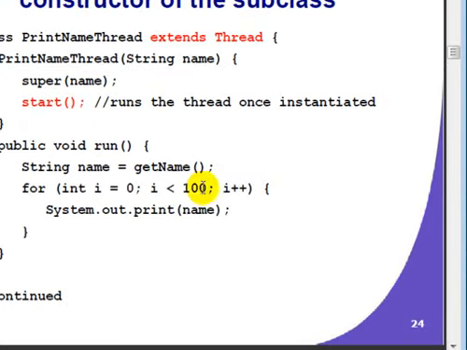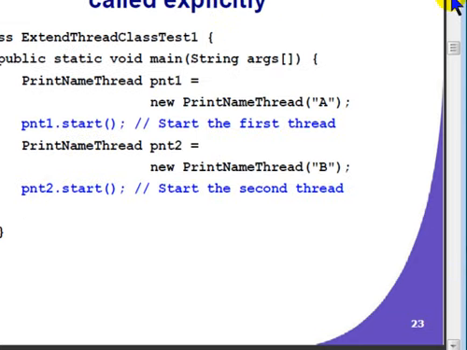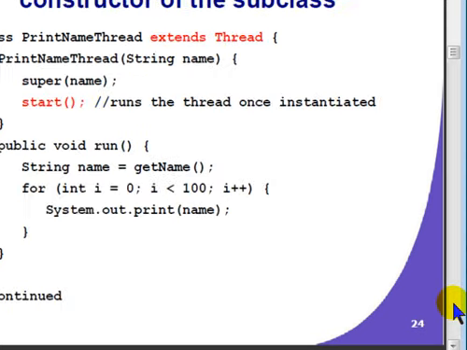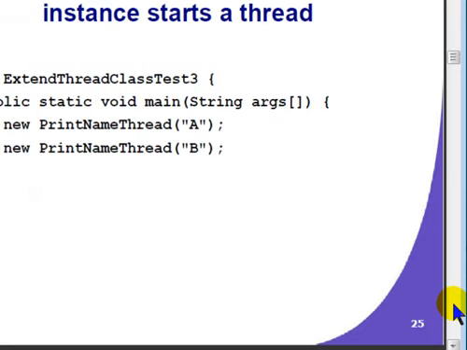This is actually less frequently used than scheme number one. Mostly you have probably seen code that manually calls the start method of your thread object. So that's method one of creating a thread by extending the Thread class.